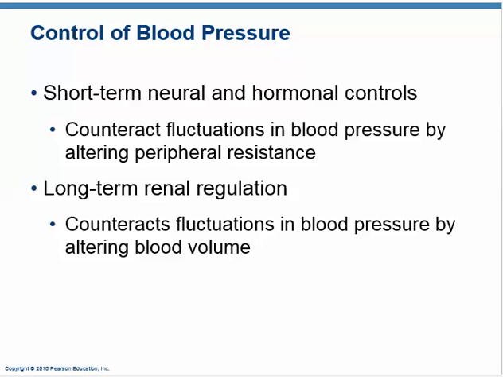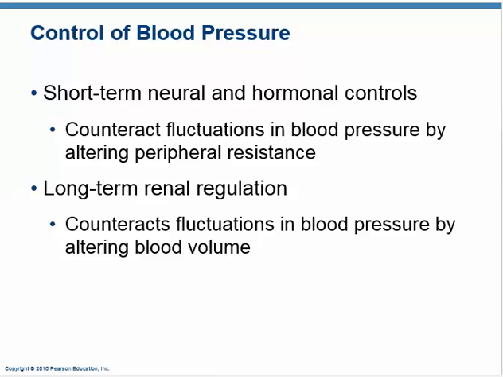Blood pressure is controlled in the short term neurologically and hormonally. So this is the second to second, minute to minute fluctuations in blood pressure. We do it by vasoconstricting, vasodilating, by changing cardiac output, all of those things.